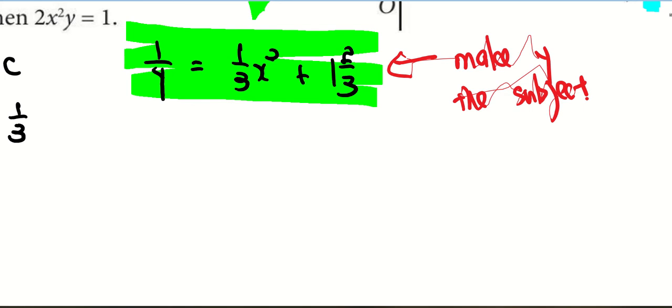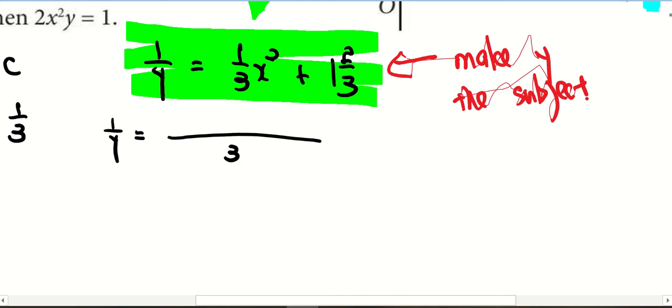Whenever I see fraction, the first thing that comes to my mind is I want to make a single fraction on each side. Single fraction. There's a common denominator. The common denominator is 3. Agree? On top we'll have a x squared plus 5.